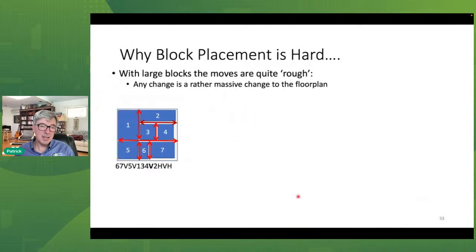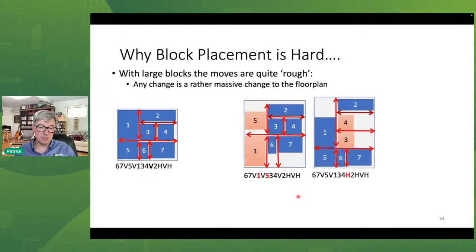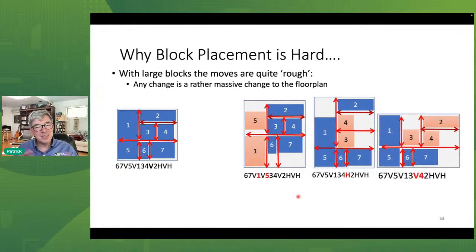So why is block placement hard? Well, just my gut feeling is this: if I have a given placement and I want to improve it, I could take 2 blocks and swap them, or I can do some other operation. You see that each of those operations I do, even the smallest one, is actually a big step.